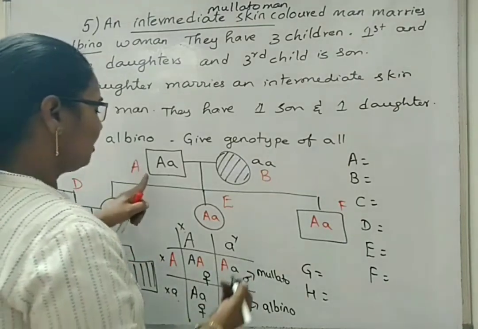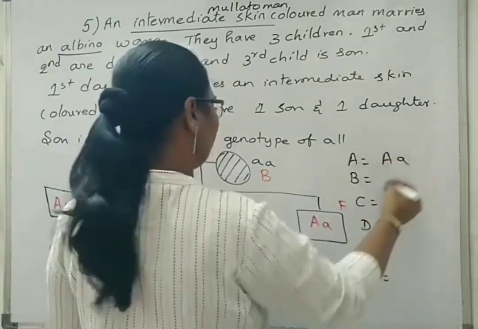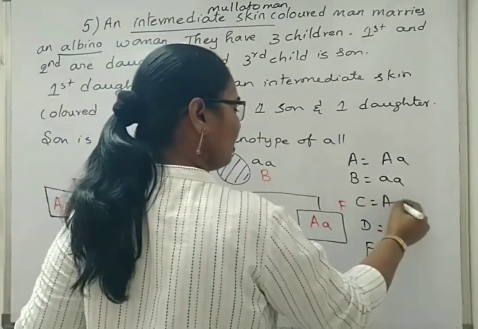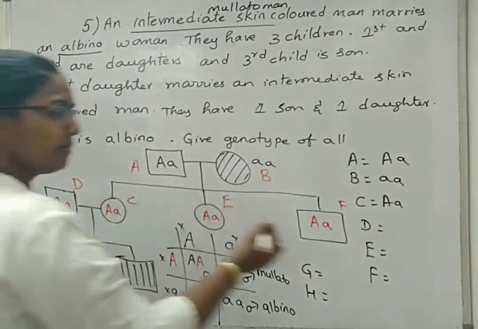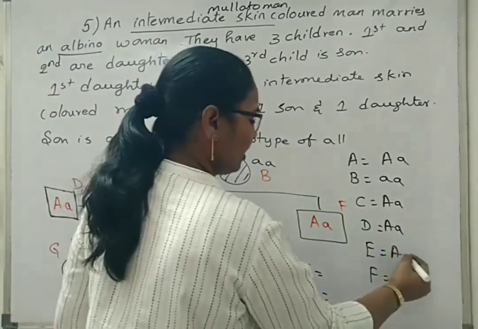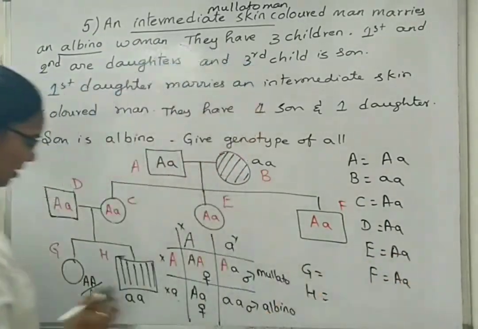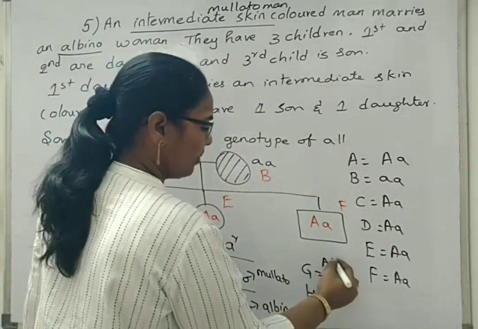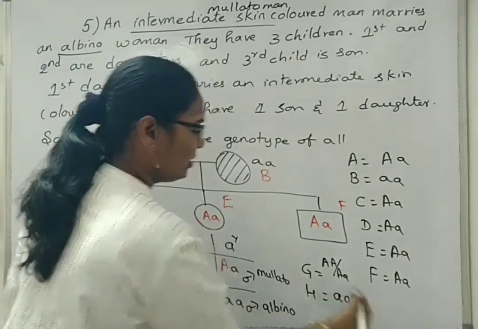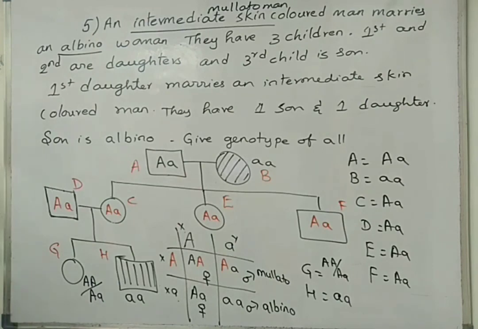So if we write the genotypes, capital A, this one, albino, recessive, C is capital A, and D is again heterozygous, E is heterozygous, F is heterozygous, G can be homozygous or heterozygous, A is purely homozygous recessive in case of the grandchild. So this type of question we can consider under polygenic inheritance.